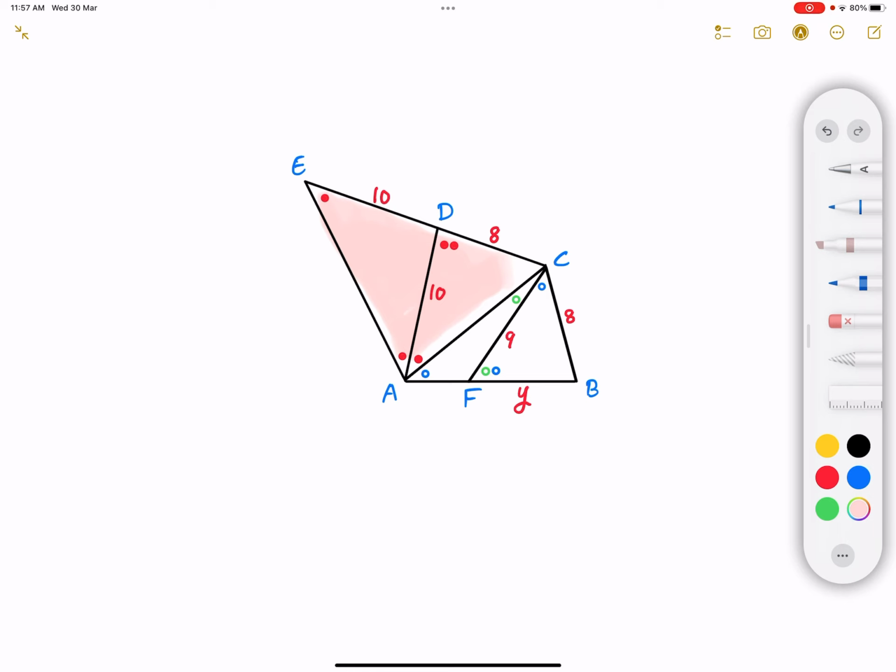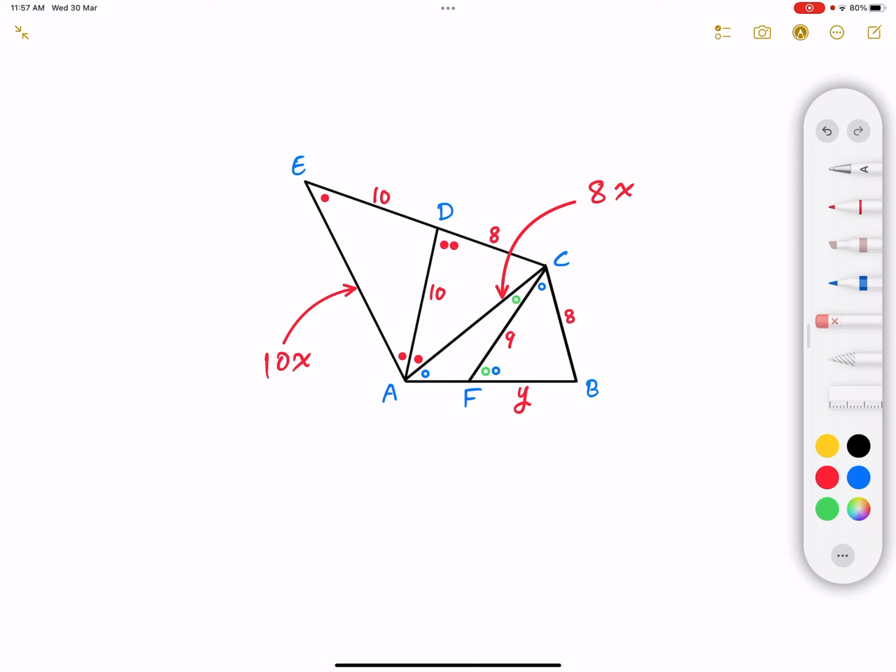Based on this, we can assume that this side here is equal to 10x, and this side here is equal to 8x, okay?